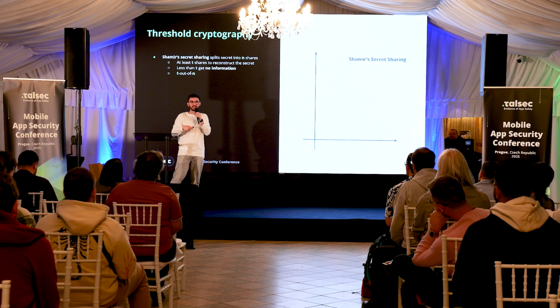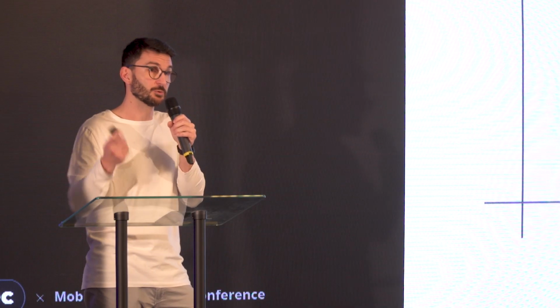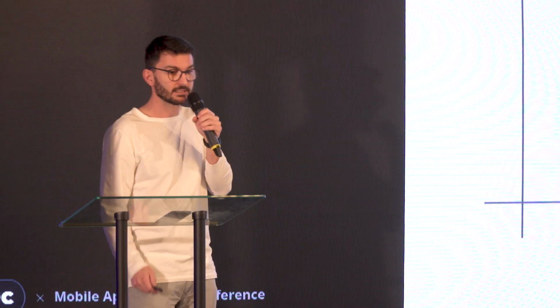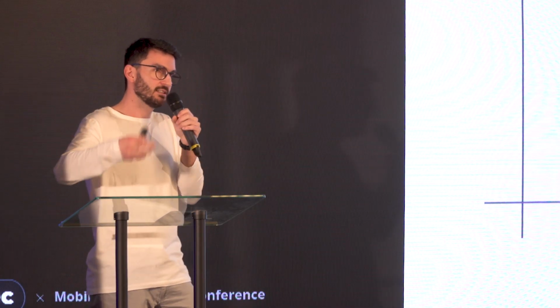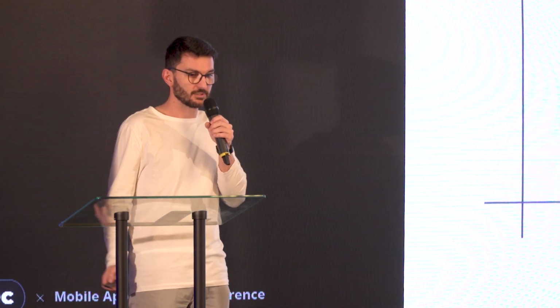However, if you have less than T, less than the threshold, you are no wiser. There's no way to recreate the secret. In cryptography, we would call these T out of N setups, because the threshold T is needed to reach the secret value out of the N existing shares.